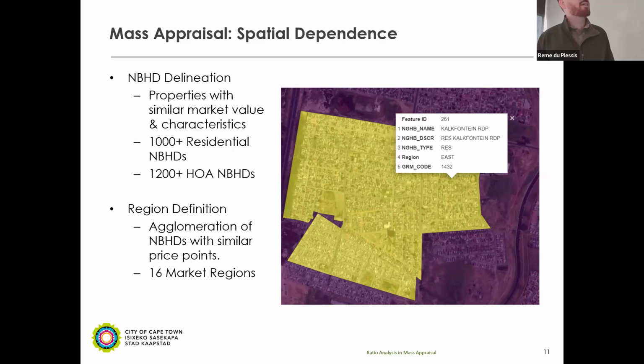We have about 1,000 residential neighborhoods, these modeling neighborhoods that we've constructed, and an additional 1,200 HOA neighborhoods, which is a description we use for neighborhoods that are very homogeneous, usually being a gated community, so being gated off in some fashion. This is how we account for location in our models.